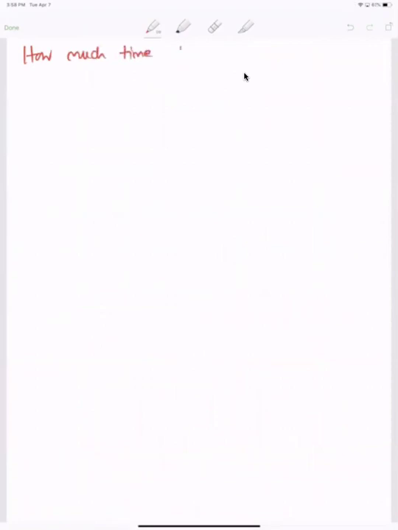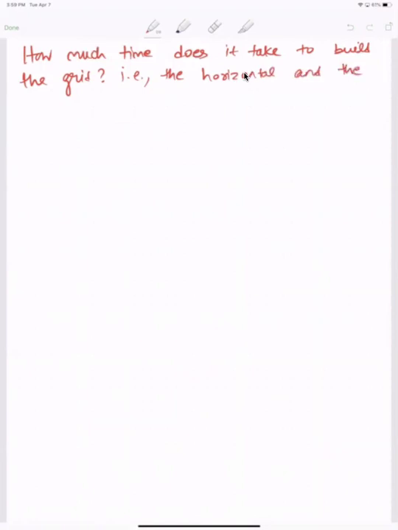How much time does it take to build the grid, meaning the horizontal and vertical lines?